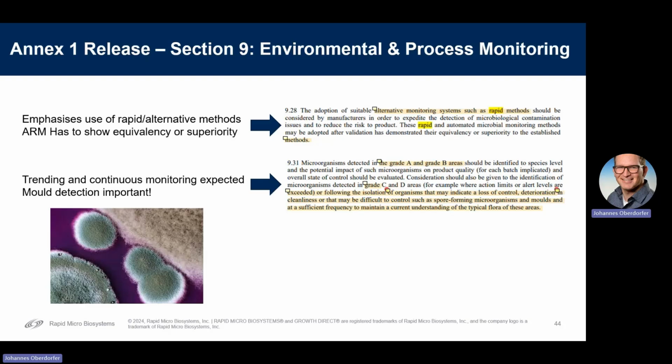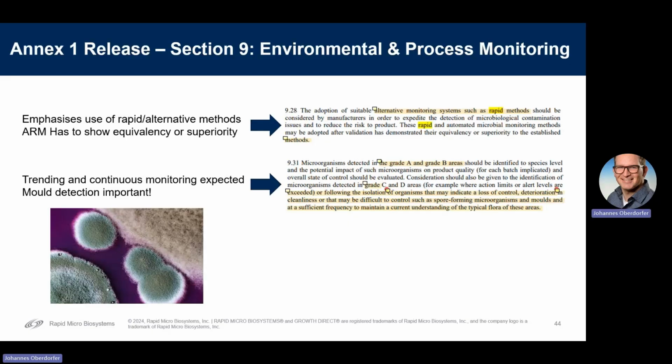This part is combined with identification of microorganisms that we detect not only in grade A, B, but in grade C, D, and not only where action limits or alert levels are exceeded. So an important part is that these things are more and not only at the action level.